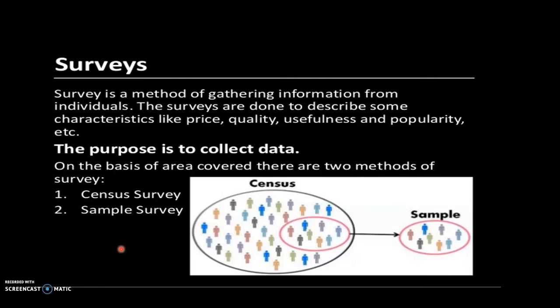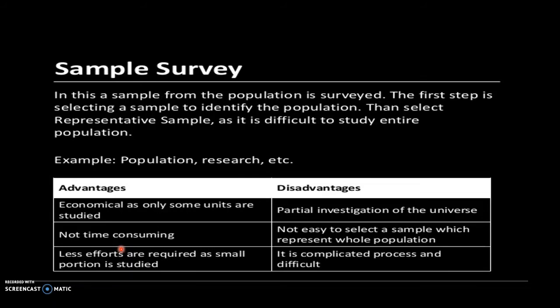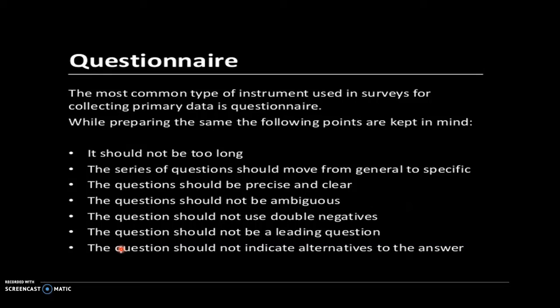Then on the basis of the area covered, there are two methods of survey: census survey and sample survey. Census survey includes every element of the population. In sample survey, a sample from the population is surveyed. Then the most common type of instrument used in surveys for collecting primary data is questionnaire.